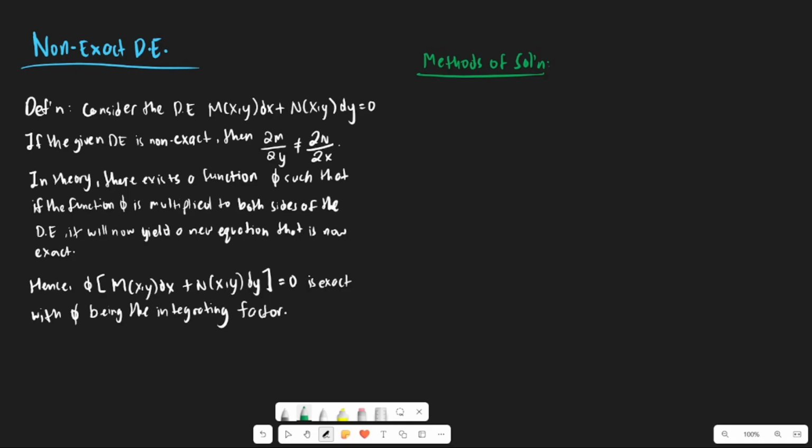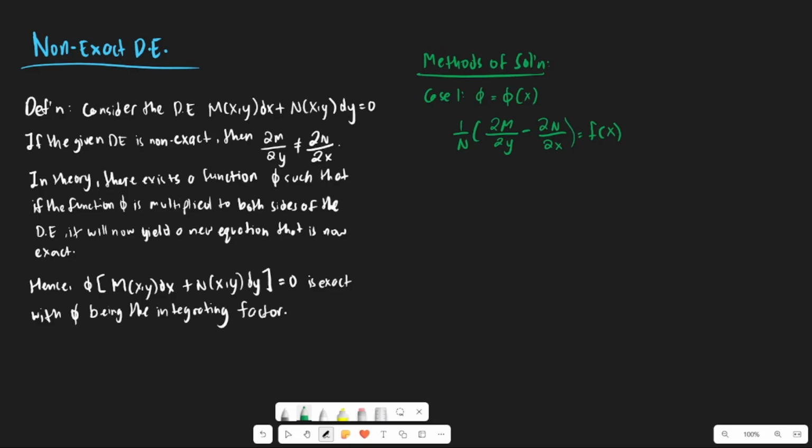The first method is called case 1, where phi is equal to phi of x. This is the formula for the first case: 1 over N times the partial of M with respect to y minus the partial of N with respect to x is equal to f of x.